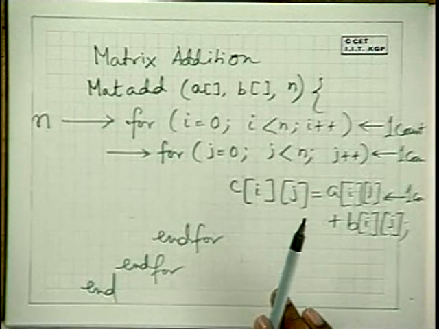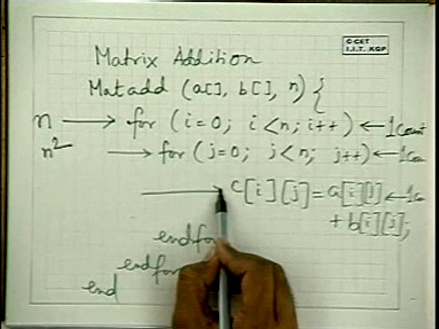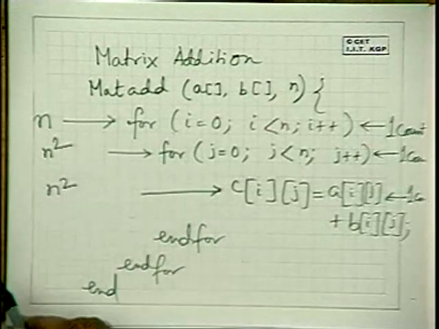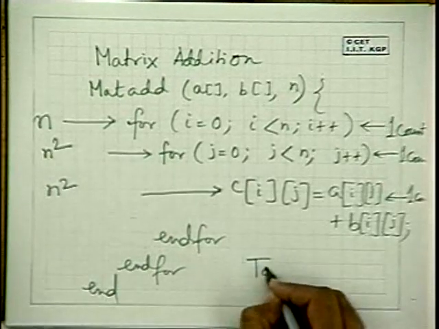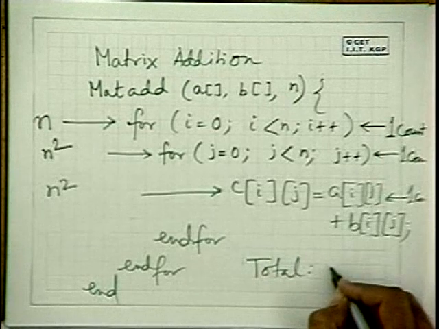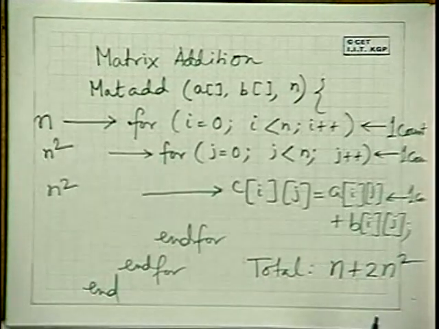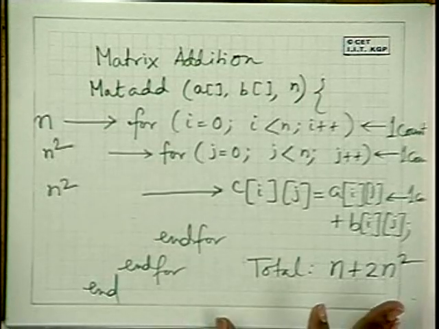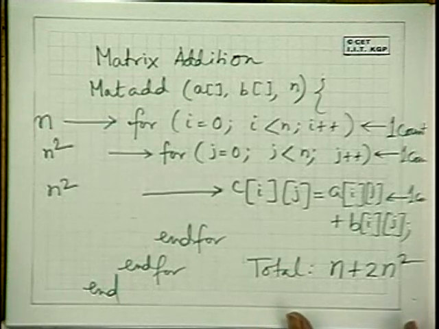So this is roughly n squared times, and this one is executed another n squared. So in total, roughly I get n plus 2n squared steps, if n is the input size.